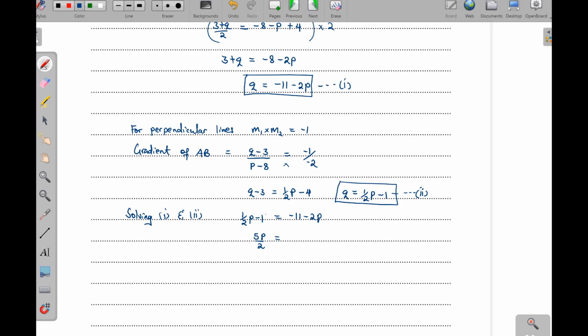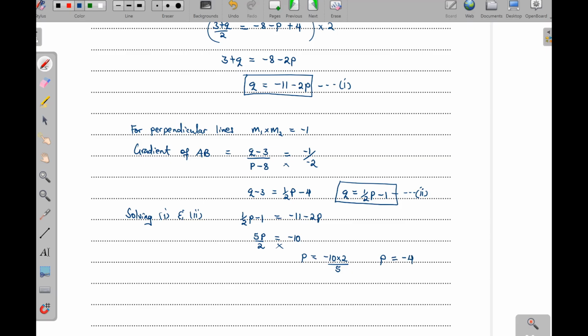Then this will be equal to, taking this one this side, negative 11 plus 1, you'll get negative 10. If we cross multiply, p is going to be equal to negative 10 times 2, then we divide by 5. 5 goes into 10 two times, so negative 2 times 2.